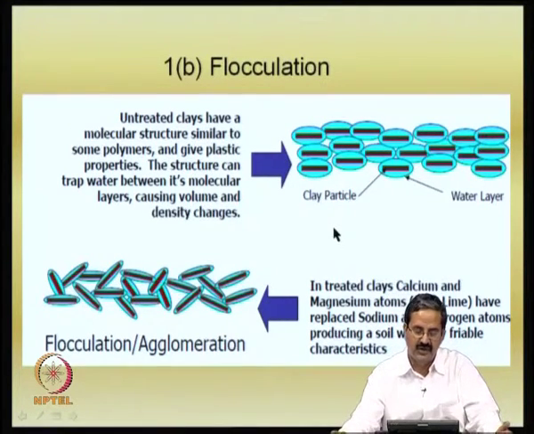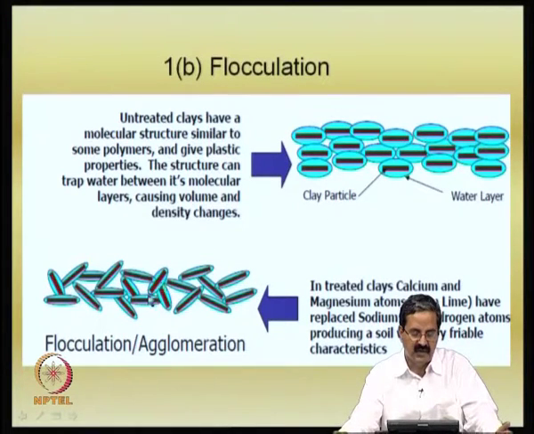But if you add calcium, what happens? In treated clays, calcium replaces the sodium and hydrogen atoms, and they produce a structure like this. You have what is called edge to face flocculation, where the edges and faces have an arrangement like this. You can see that there is an important arrangement formed here, which we call flocculation or agglomeration.